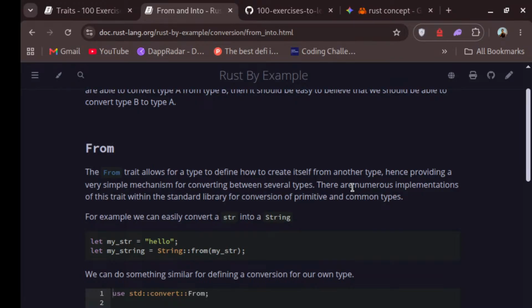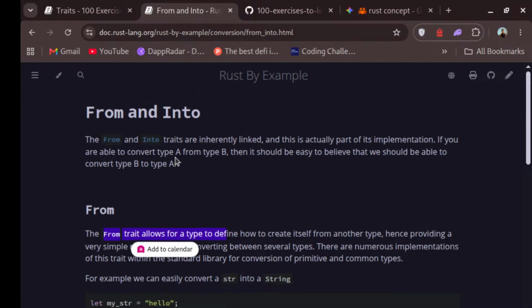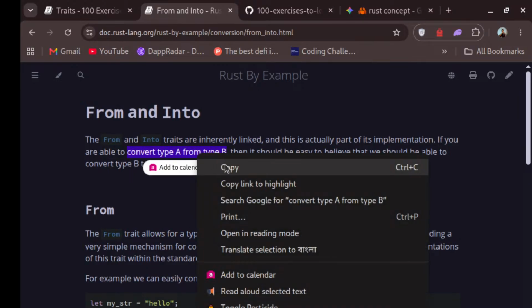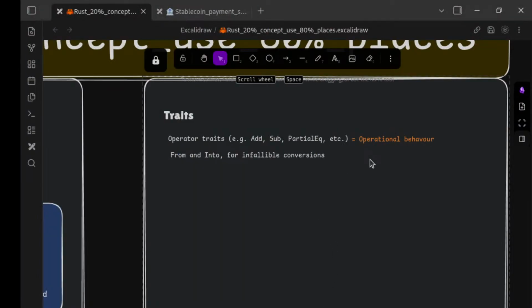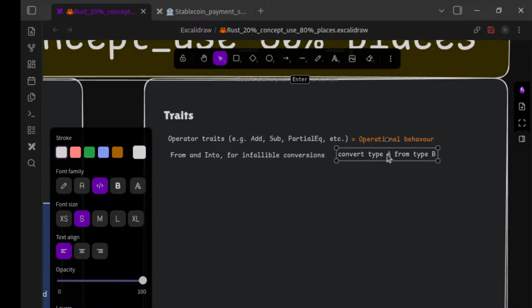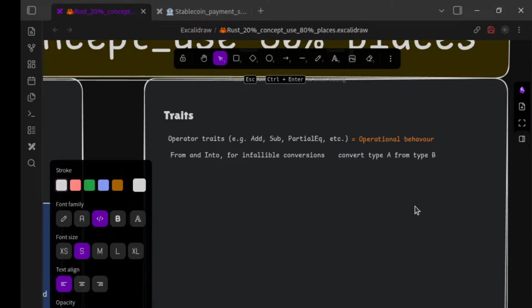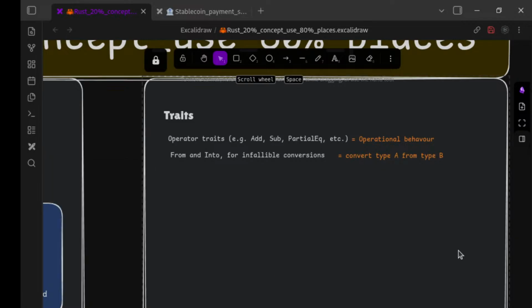So yes, the From trait is used to convert A to B. That is the core concept for From. Okay, that is great.